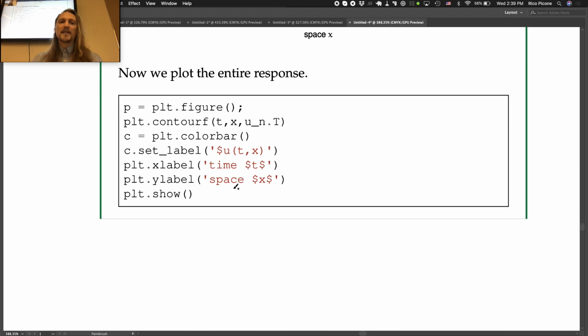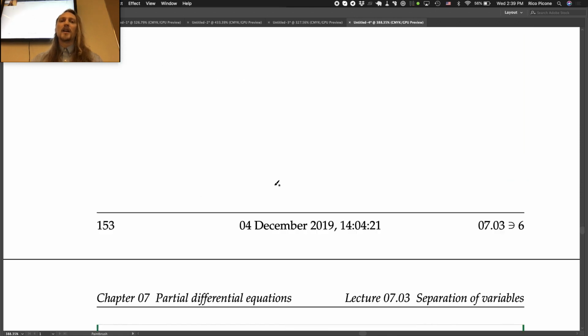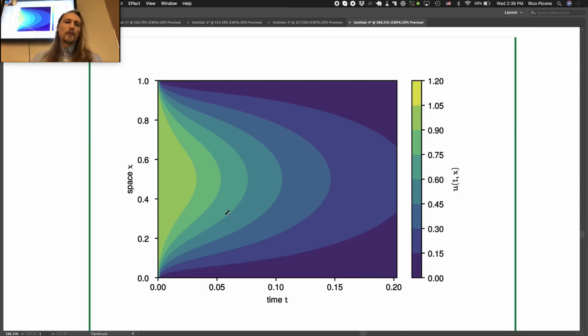And now we plot the entire response. So I'll use a color plot to show this. And so we have our 0 to L is 1 in space, and we have time evolution. So it starts out at pretty much 1, okay? So it's the yellow color, the light green color.